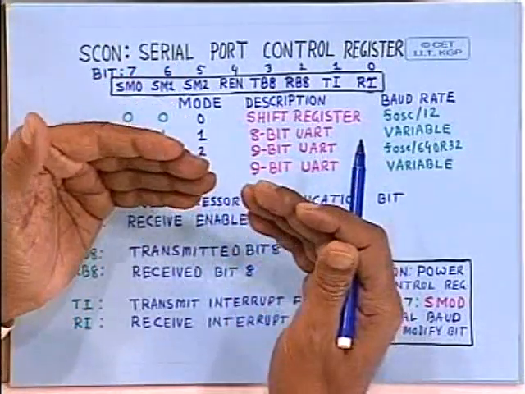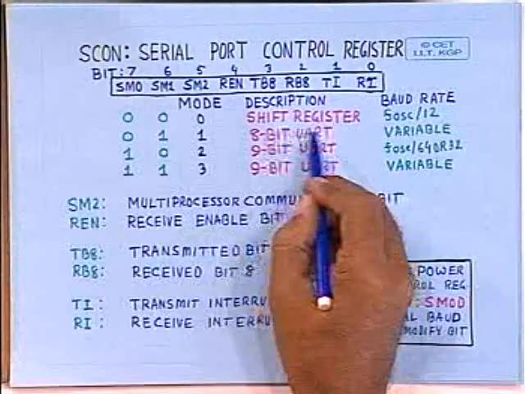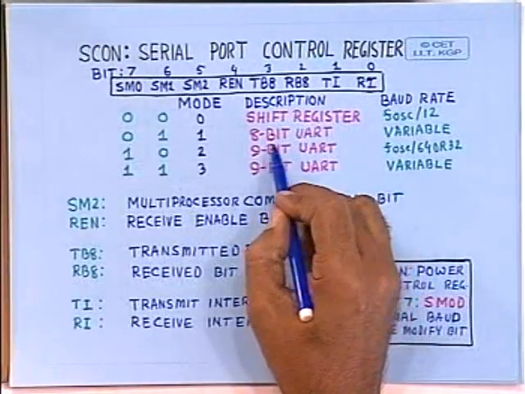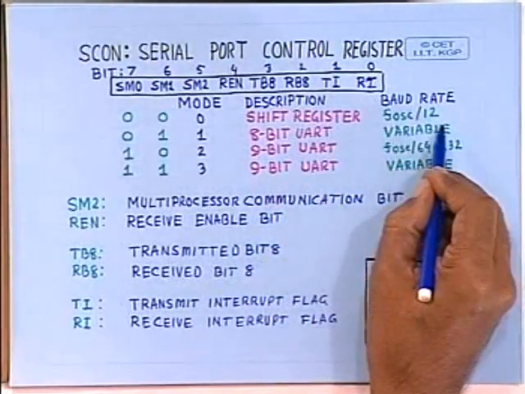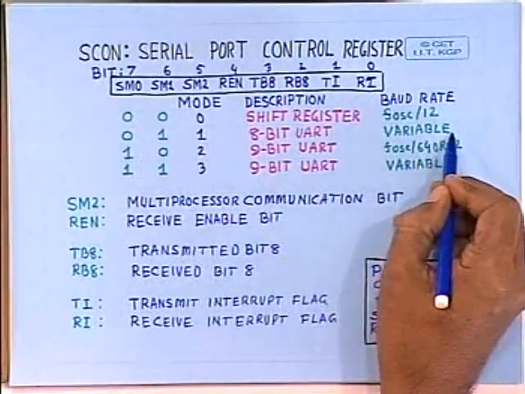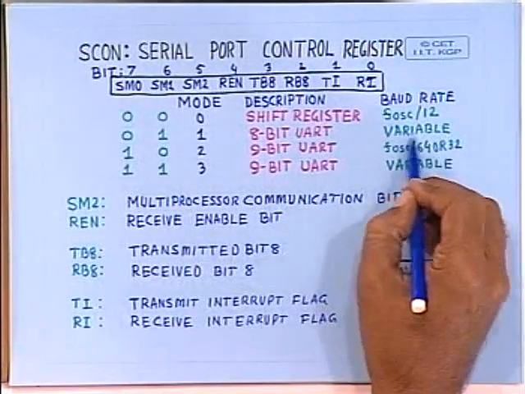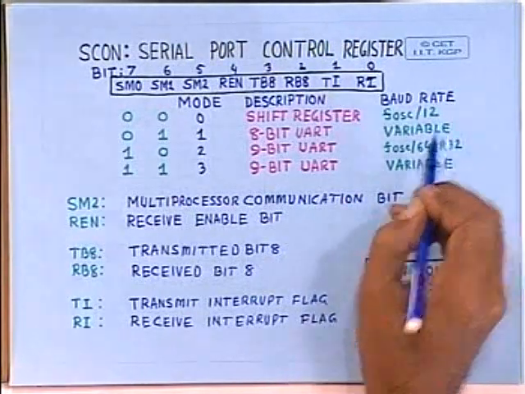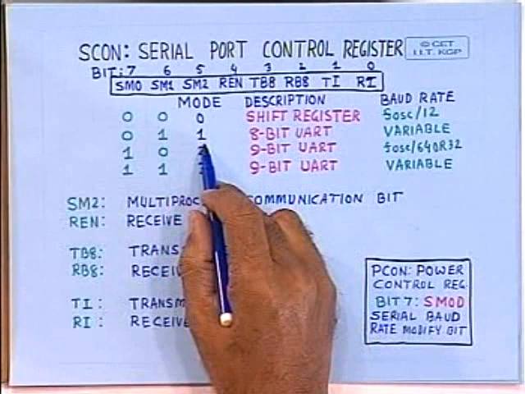Whenever you use the device as a UART, it uses this particular mode, and in this case the data is 8-bit, and the baud rate will be variable. We shall explain the different baud rates that you can achieve, and it is programmable, so you can have different standard baud rates in this particular mode.